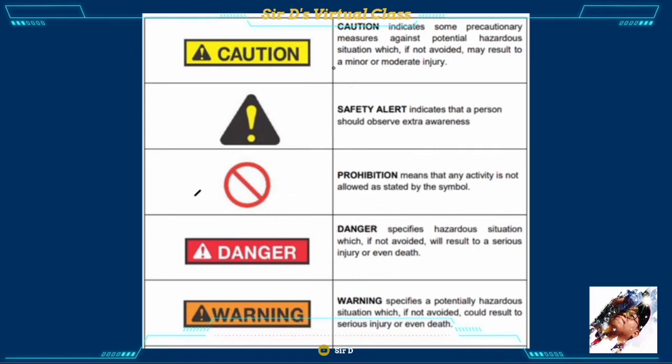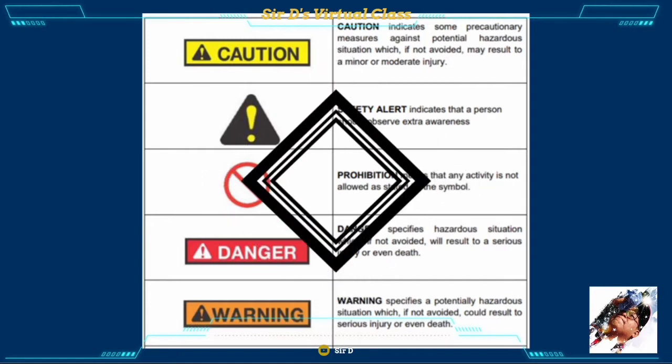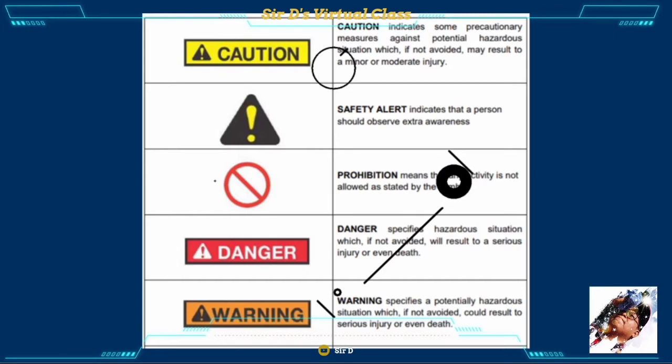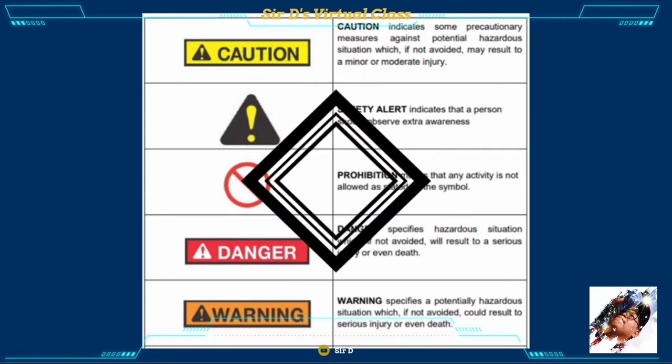We wouldn't want that to happen to us, so be vigilant in your workplace. The warning sign comes next. With its color orange, it specifies a potentially hazardous situation which, if not avoided, would result in serious injury or even death.